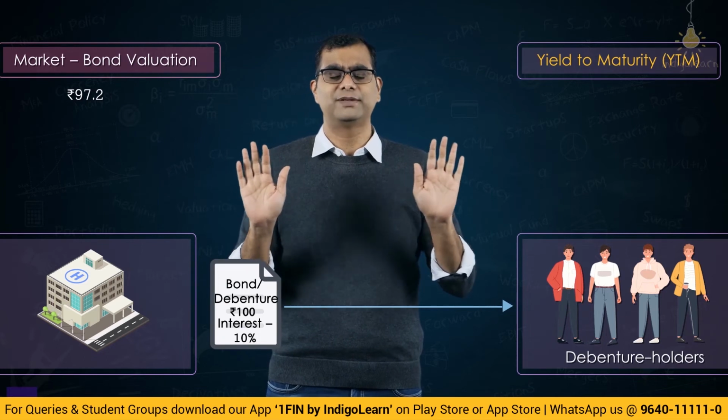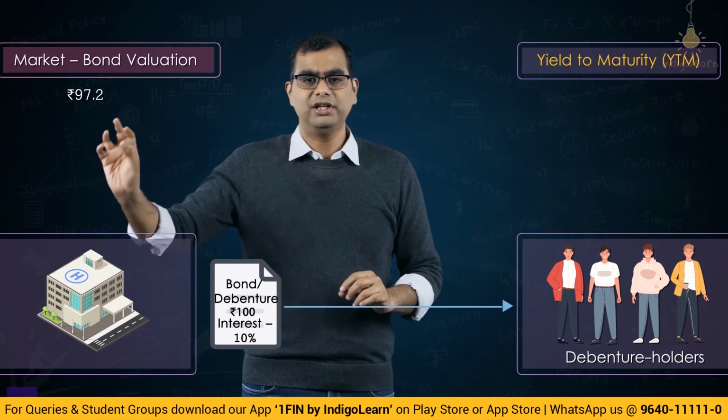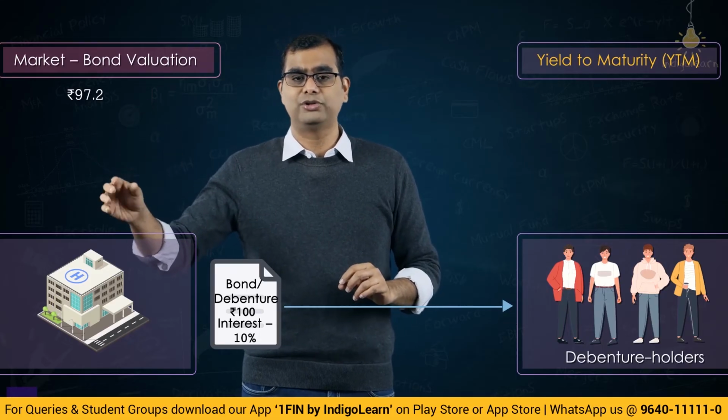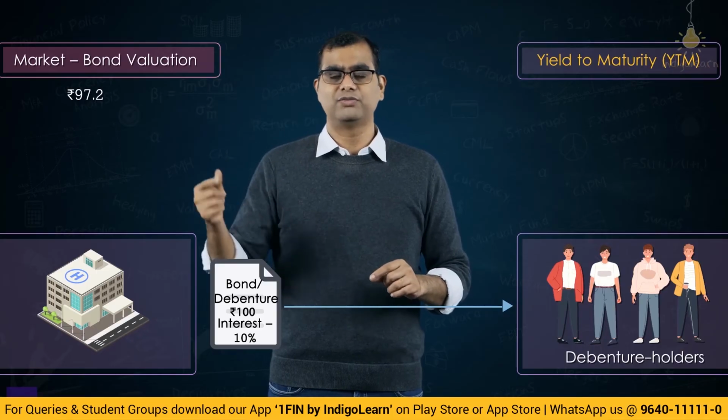Exactly similar to the IRR concept. This is 100% similar to the IRR concept. Initially, you purchase now a bond for 97.2. See, what did I say? Initially, the company issued bonds. Bonds are at 100 rupees is what it took.